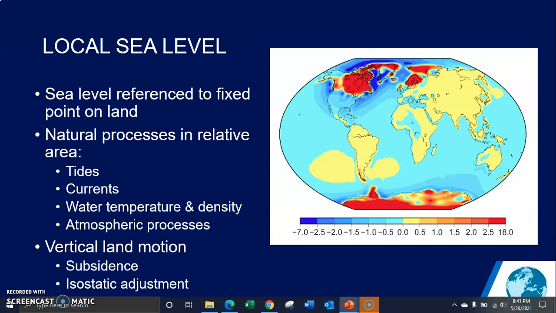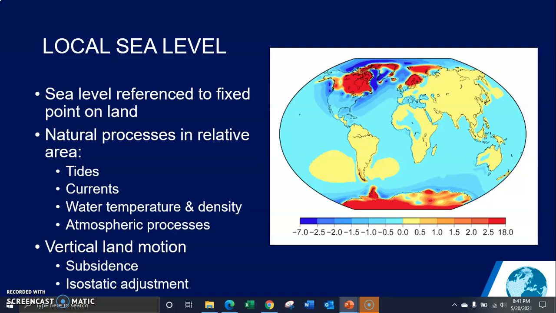Now, bringing us to local sea level. As we mentioned earlier, local sea level is the level of the water which is referenced to a fixed point on land. Again, the natural processes previously related do affect it here, but one important difference is that tides play a very major role in both affecting the sea level as well as measuring the sea level.